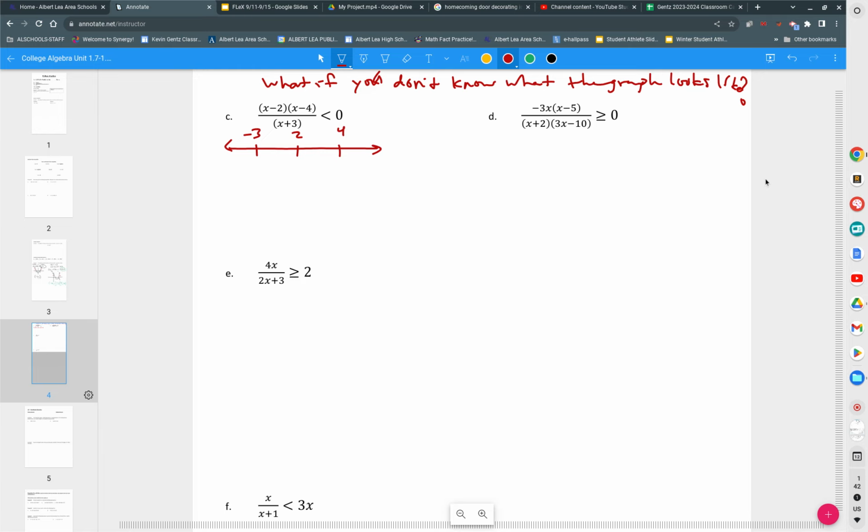Okay. I'm going to organize my work into a table, and the table will have a certain number of columns. The number of columns is equal to the number of numbers, so there's 3 of those, plus 1. I have 3 numbers up on top, I'm going to add 1 to get 4. So make a table with 4 columns.